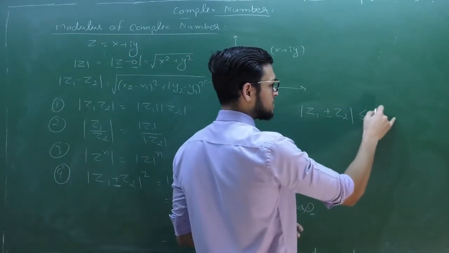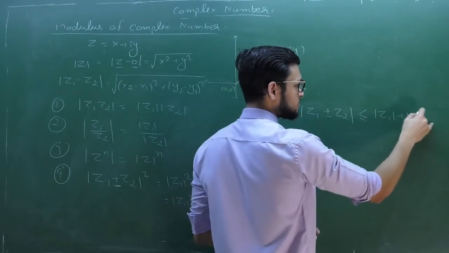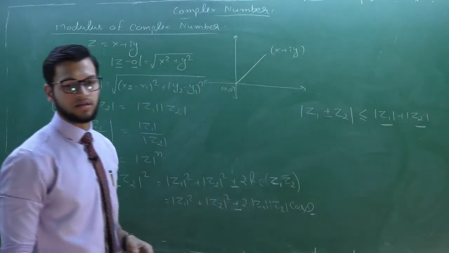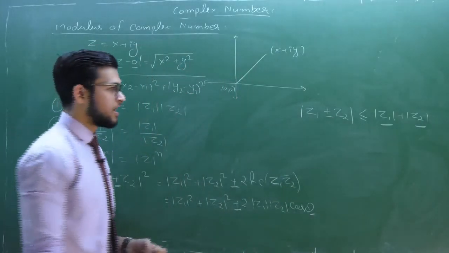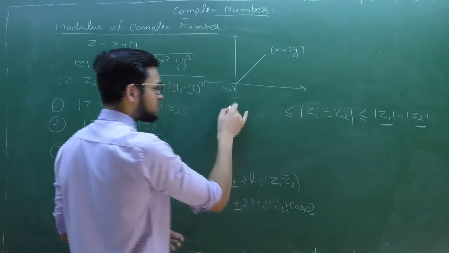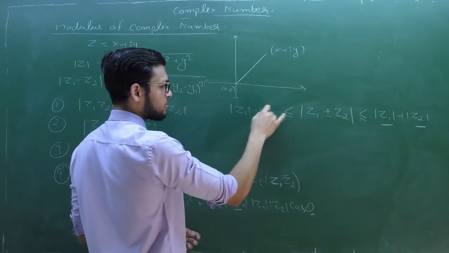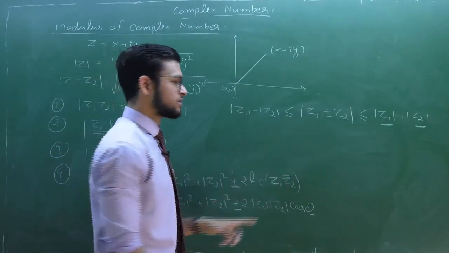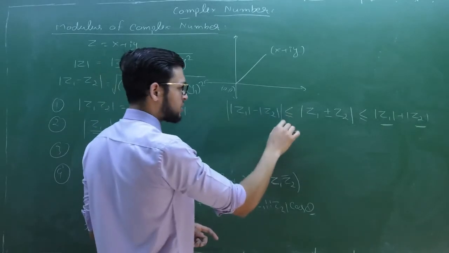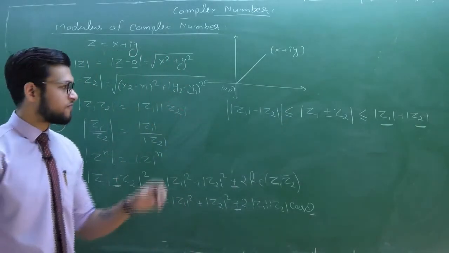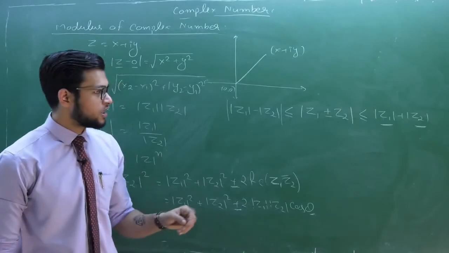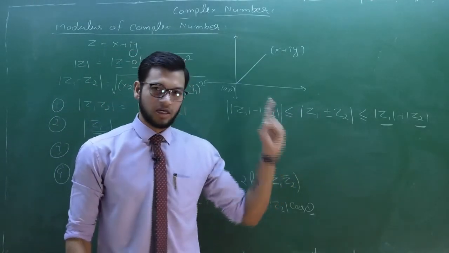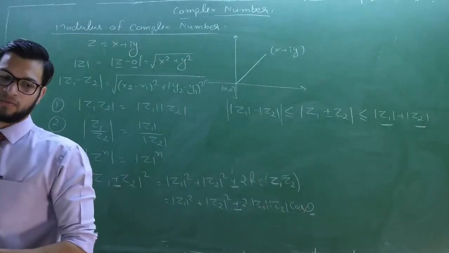As we all know, the sum of two sides is always greater than the third side, and the difference between two sides is always less than the third side, but we just want a positive quantity. It means mod of z1 minus mod of z2 is always less than or equal to mod of z1 plus or minus z2, which is always less than or equal to mod of z1 plus mod of z2.